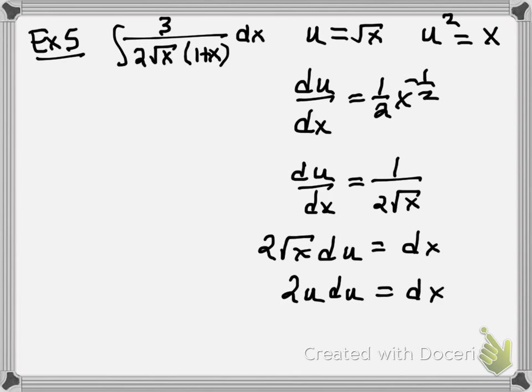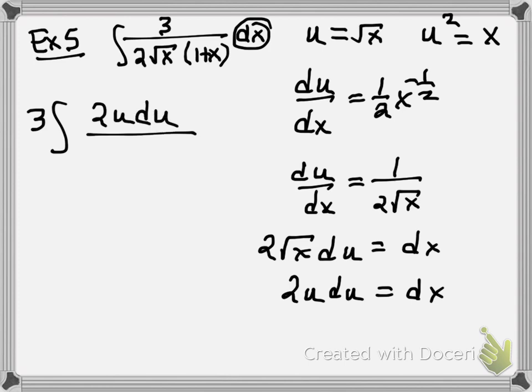Alright, so if we go back and plug in our u's, let's see what happens. So that 3 I'm going to push out front. In place of this dx, I'm going to put 2u du, so I'll just put it on top here, 2u du in the place of dx. And then I've got a 2 on the bottom. Remember, the square root of x is equal to u.